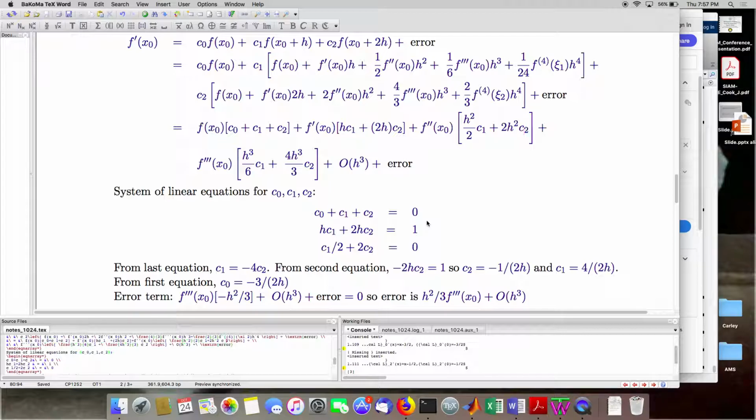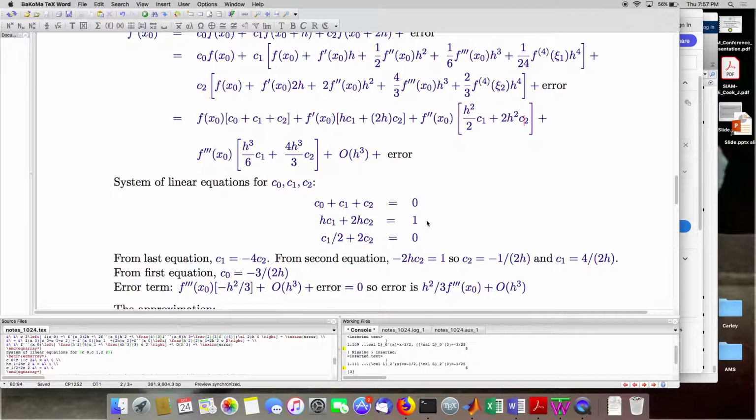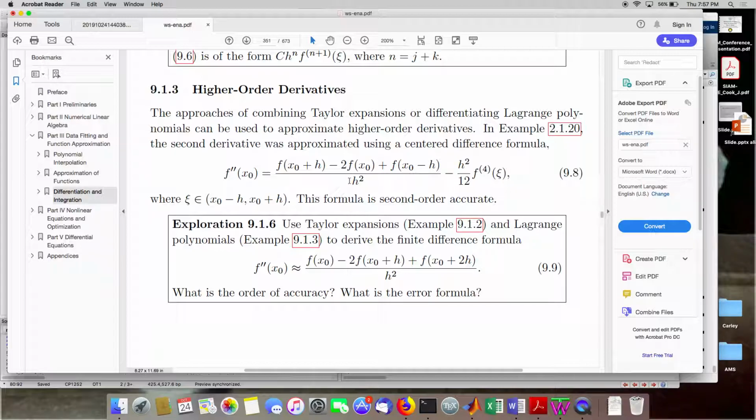All other right-hand side values are 0. Since this is supposed to be 1, my approximation for a second derivative will have an h squared in the denominator. And that's what we have here. This is the centered difference for f double prime.